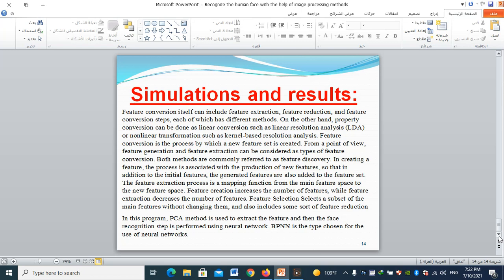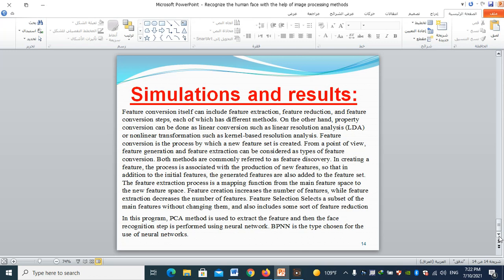Feature generation increases the number of features, while feature extraction decreases the number of features. Feature selection selects a subset of the main features without changing them, and also includes some sorts of feature reduction.